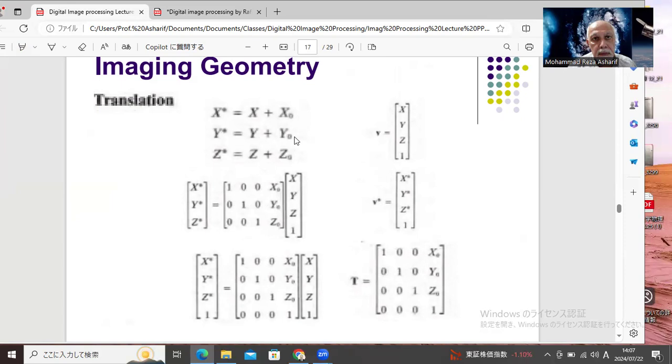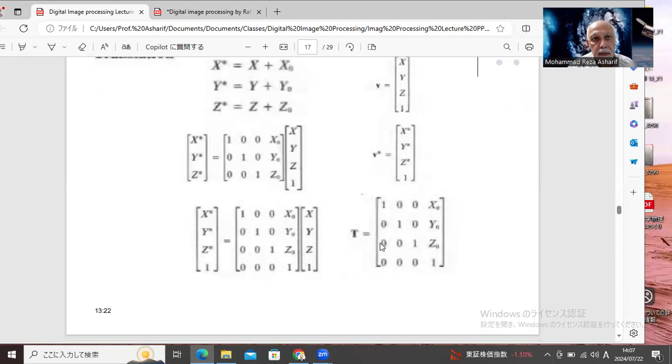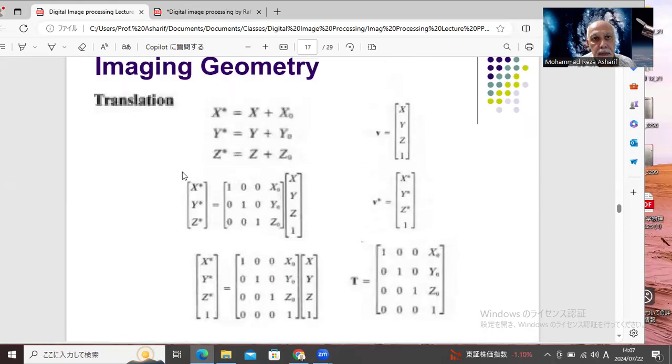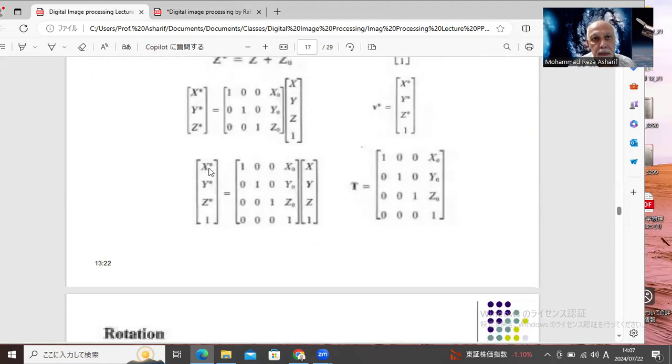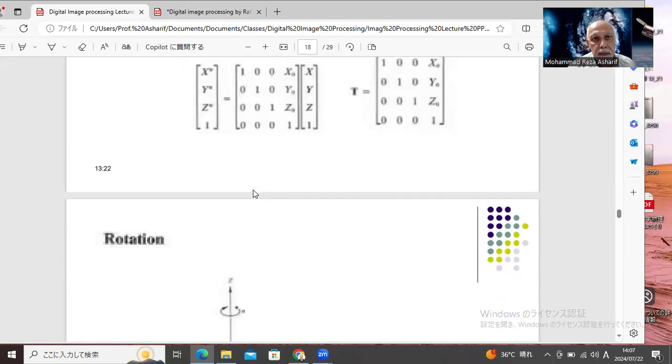So with this, for instance, V is X, Y, Z, 1, and this is a translation. The new one is V star, X star, Y star, Z star, 1. Translation is for moving one location to another location. This is the 4 by 4 matrix operation.